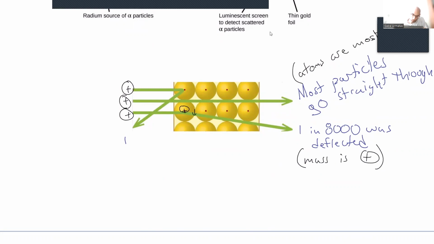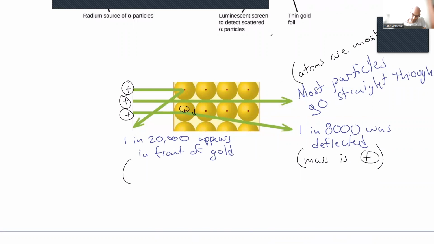And then finally, 1 in 20,000 comes directly back, appears in front of the gold.